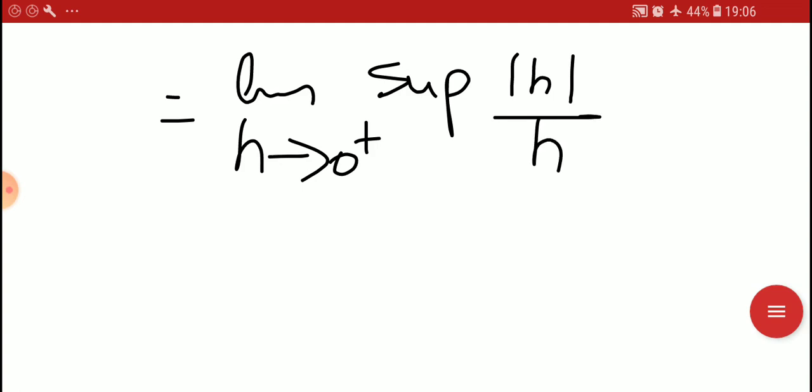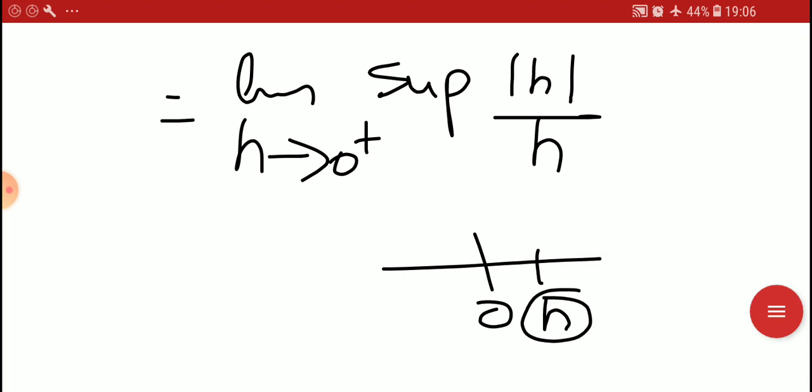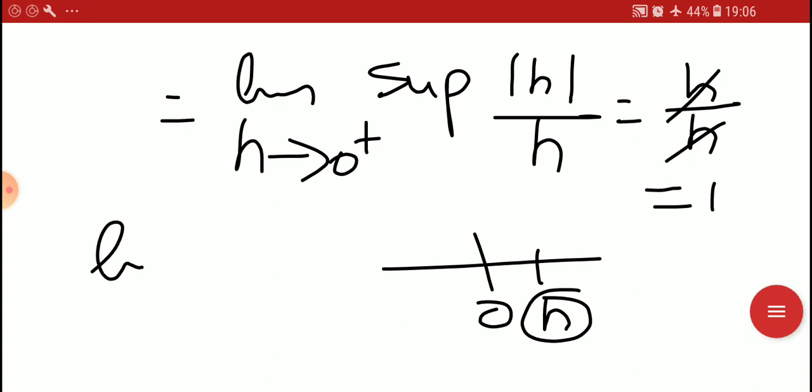Here h approaches from the right of 0, so h is positive. When h is positive, |h| = h, and the h's cancel, giving 1. The supremum of 1 is 1, therefore the limit as h tends to 0 plus is 1. That is, the upper right derivative is 1.